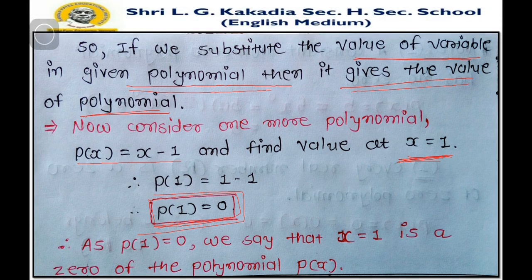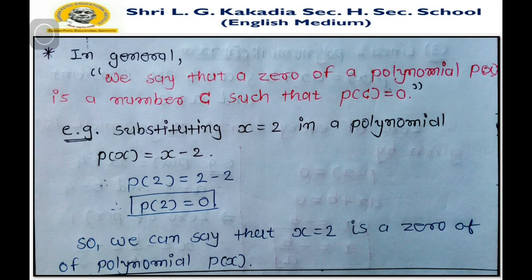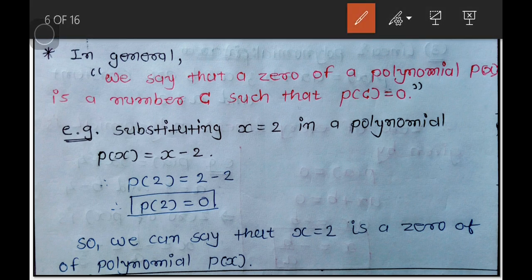So in general, we can say that a zero of a polynomial p of x is a number c, where c is any real number, such that p of c is equal to 0.